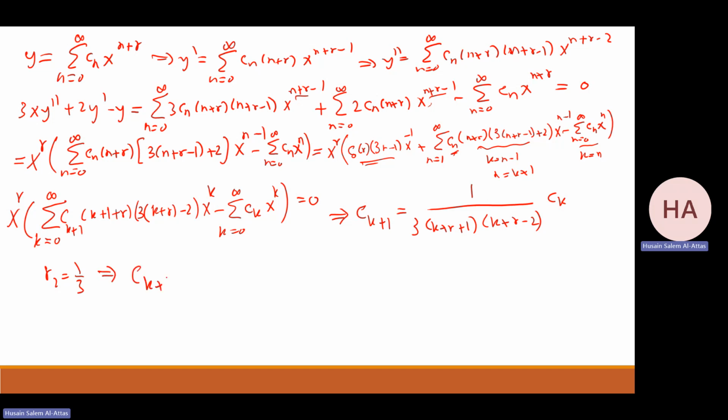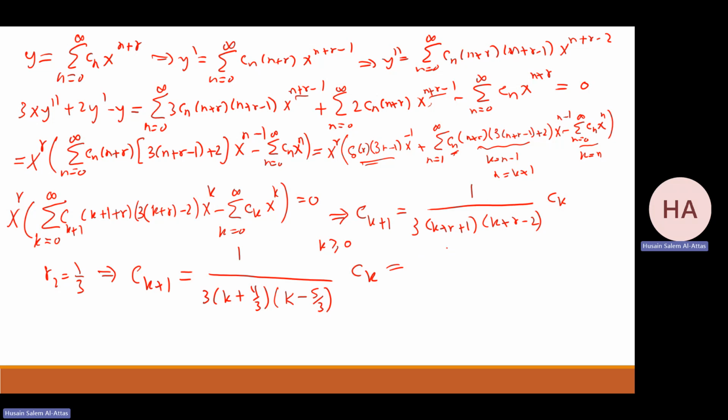So ck plus 1 will be what? 1 over, this is ck, this is 3. I have k plus 4 over 3, and here I have k minus 5 over 3. Yeah, correct. So I have what? Where k is greater than or equal to 0.